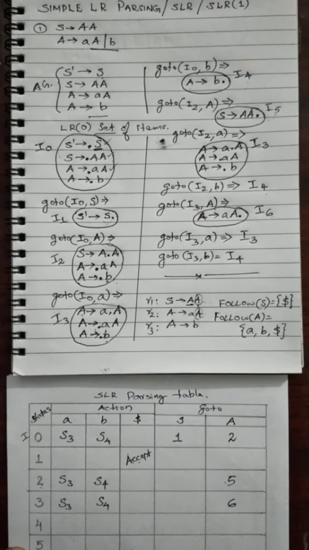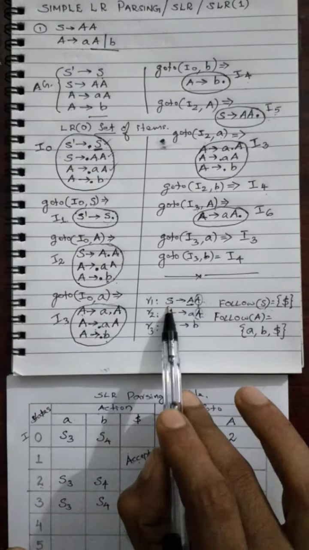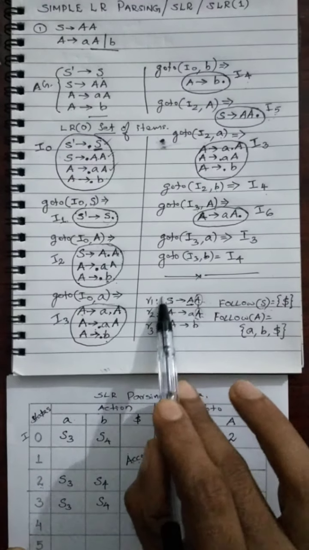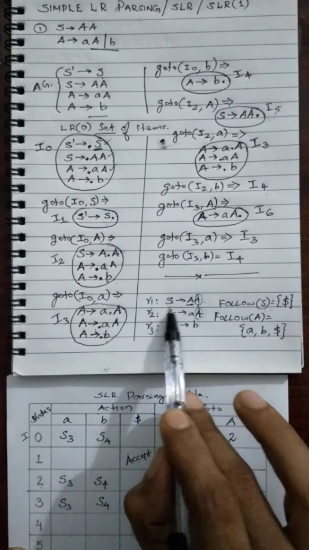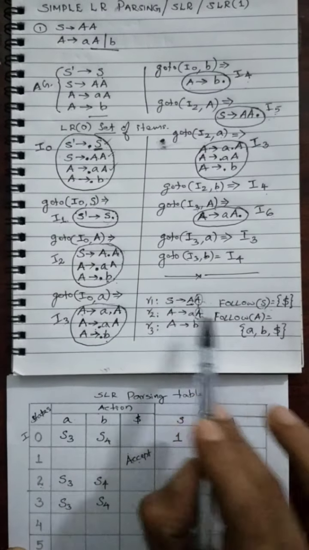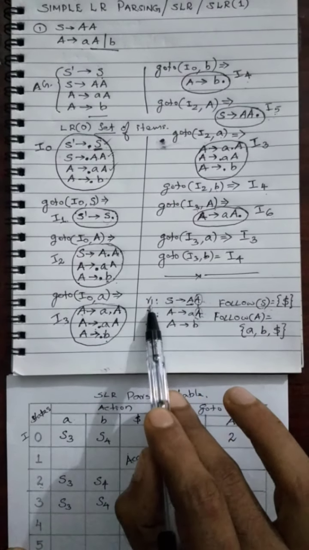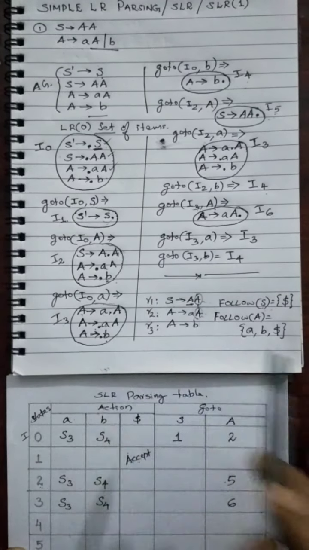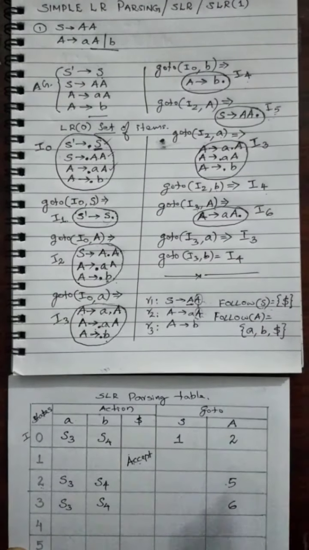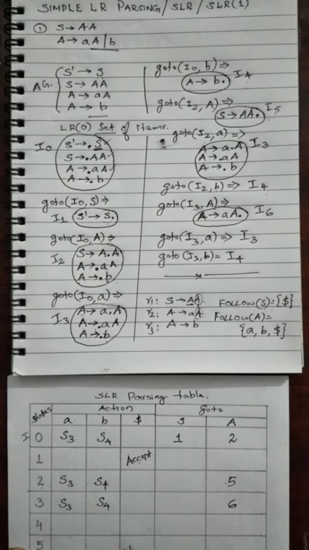But where do I place R1? It is in the follow of S, because S is the production's starting symbol. So find the follow of S and insert R1. Follow of S is dollar, so in state I5 under dollar I should mention R1.